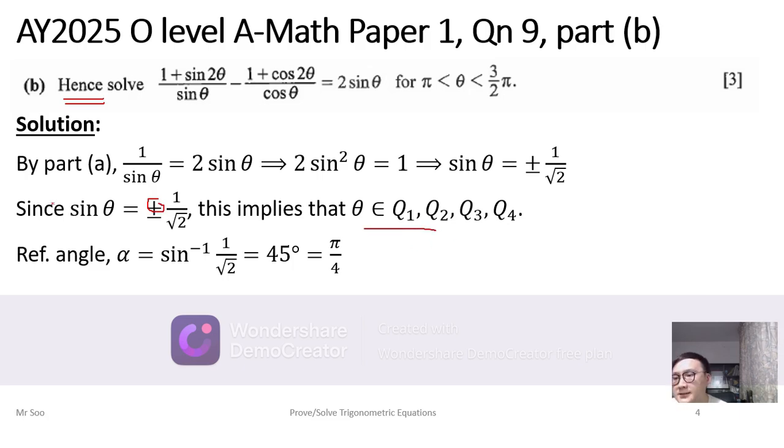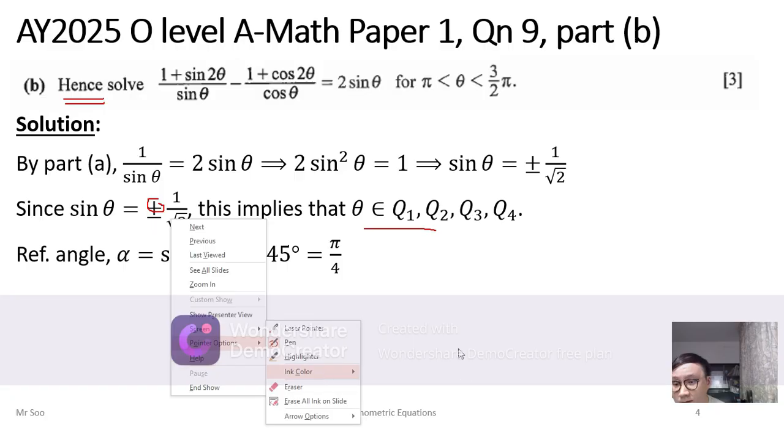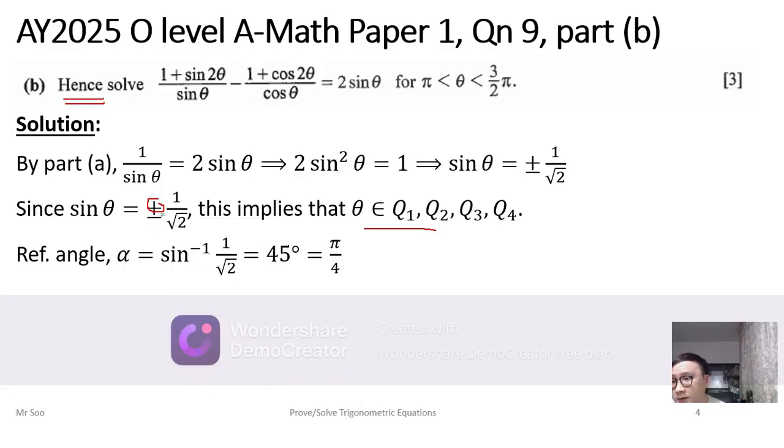Now when sine theta equals minus 1 over root 2, let me use a different ink, maybe green color. When sine is negative, then it lies in the other 2 quadrants, Q3, Q4. So in general, when you have a plus minus, automatically your actual angle will lie in all 4 quadrants: 1, 2, 3, 4. Clear?